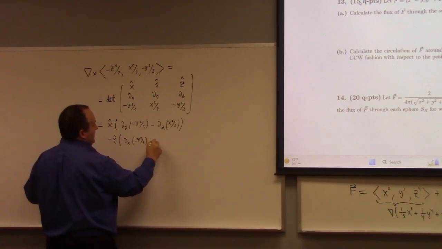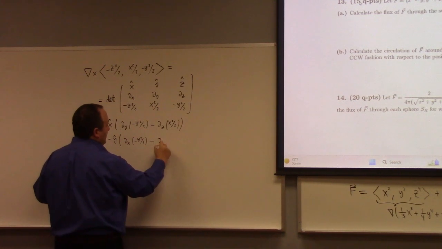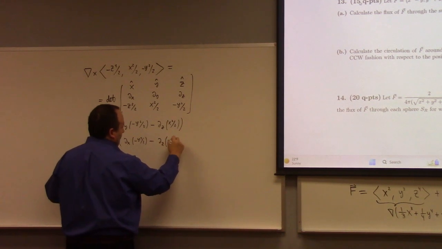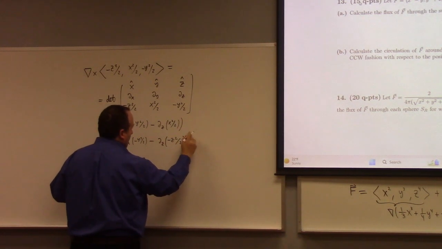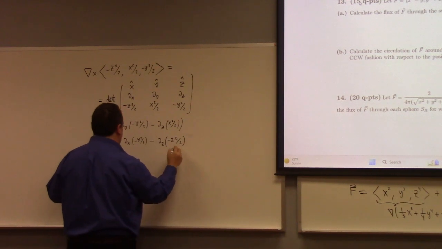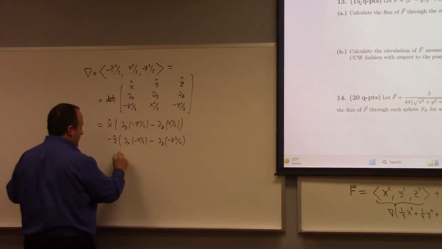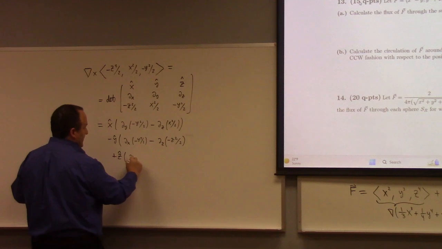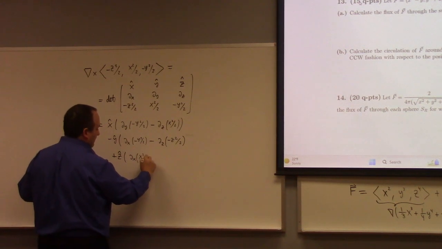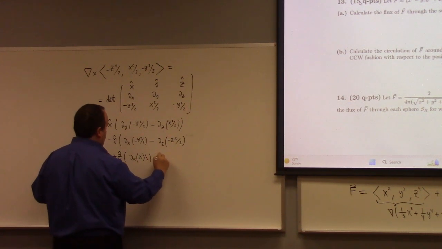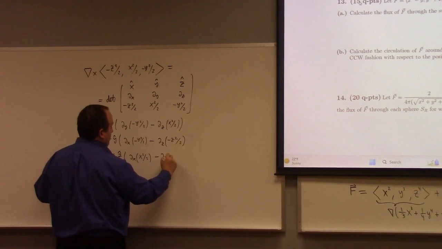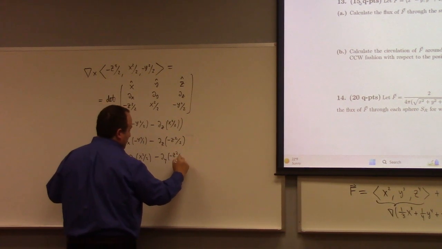Could save myself a lot of time by not writing down all the stuff that's 0 here, but I'm just going to do it. All right, and then z hat, partial x of x squared over 2, minus partial y of minus z squared over 2. Okay, so a lot of this stuff is 0.